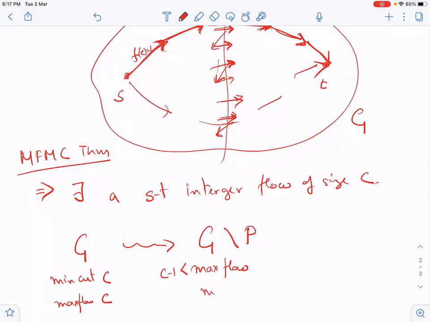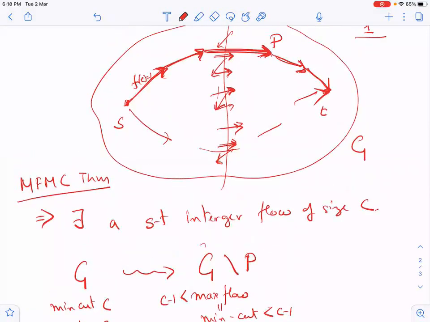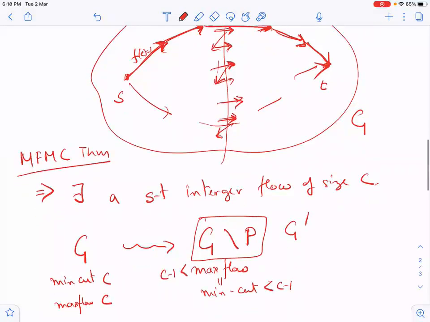And actually min cut, since I have removed one edge, is less than C minus 1. And since max flow equals min cut, the max flow is exactly C minus 1. So I have got this new graph G prime, which has min cut equal to C minus 1.